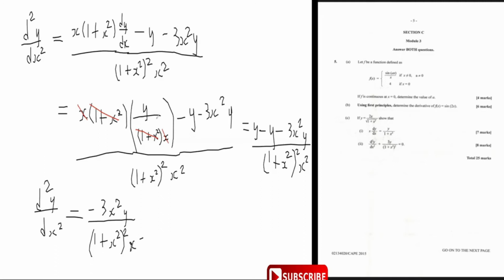As you realize now, this x squared cancels the x squared in the numerator. So what we're left with is minus 3y over 1 plus x squared, all squared.